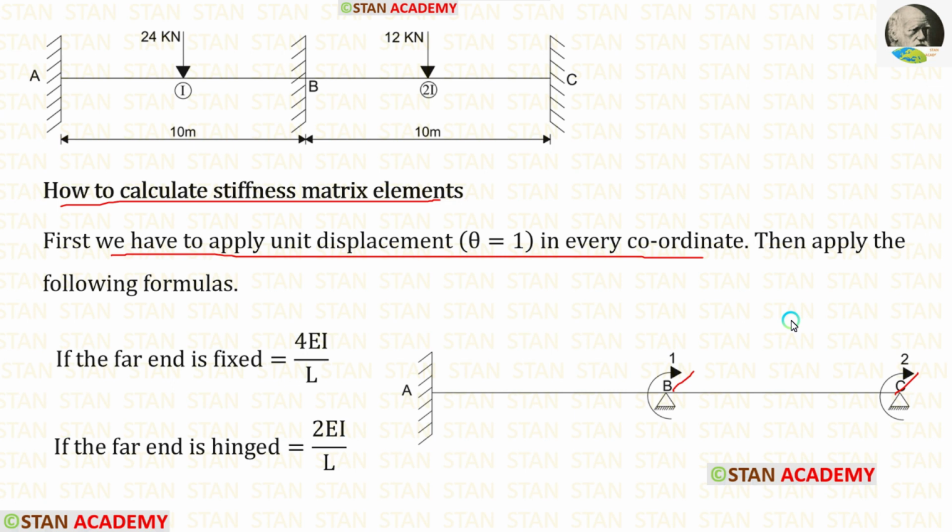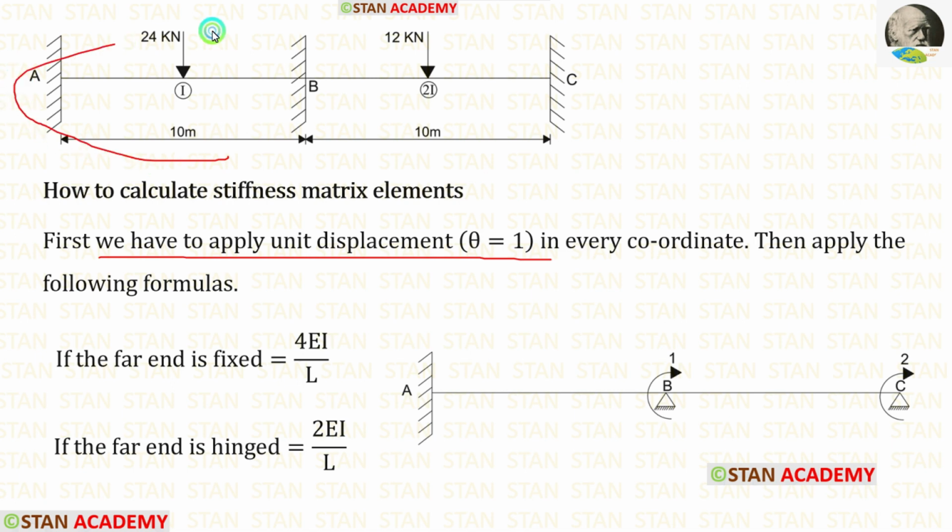In these coordinates, we have to apply the unit displacement, that is theta is equal to 1. Then we have to use the formulas. If the far end is fixed, the formula is 4EI upon L. If the far end is hinged, the formula is 2EI upon L. We have to apply the unit displacement in the fully restrained structure, not in the given beam.